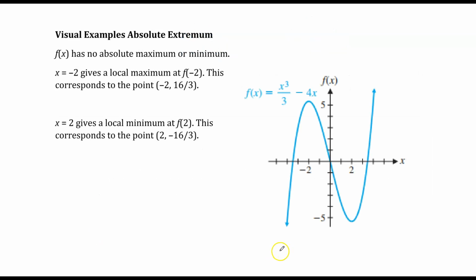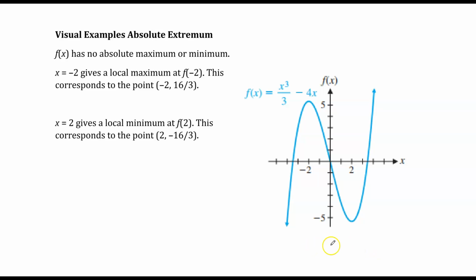Now, to give you a visual representation of absolute extremum, for this function here, since the function extends up to infinity and goes to negative infinity, there is no absolute maximum nor minimum.